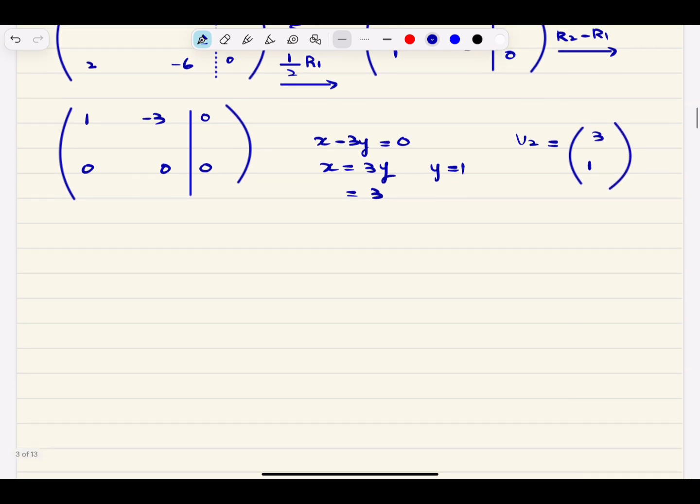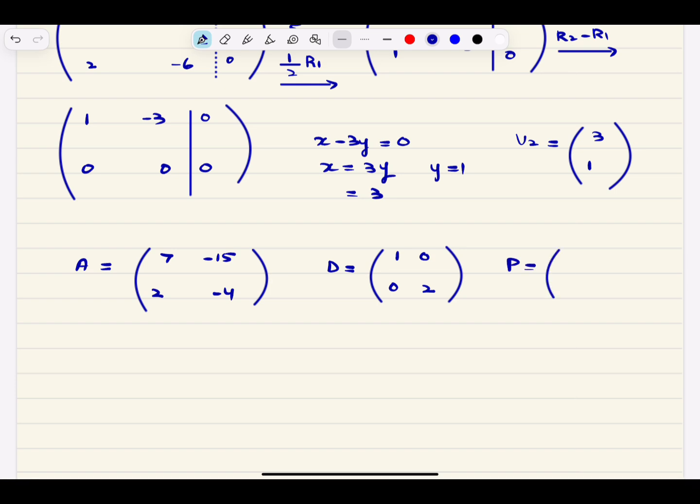So in conclusion, when we have a matrix A which is 7, minus 15, 2, minus 4, D is equal to 1 0 0 2, and P will end up being 5 3 2 1.